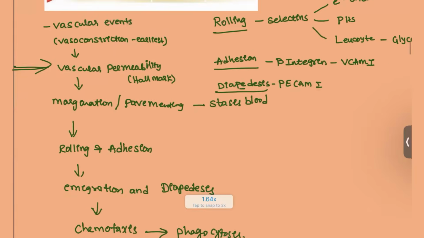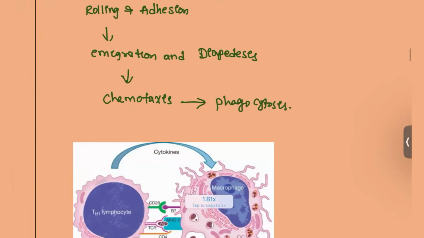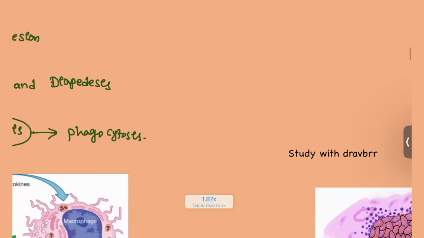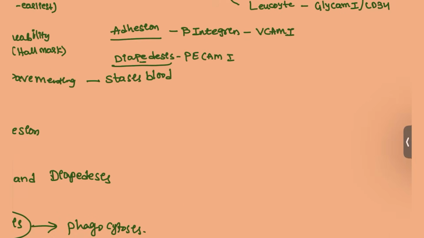Next, chemoattractants. These chemotaxins like CC or the CXC, all these are going to play a role that attracts towards the bacterial cell wall. For example, these chemoattractants are of two types. What are those? One is exogenous and the other one is endogenous. In the exogenous, we have the bacterial cell wall.